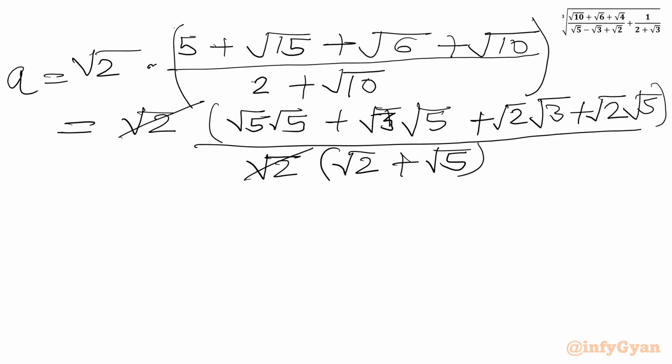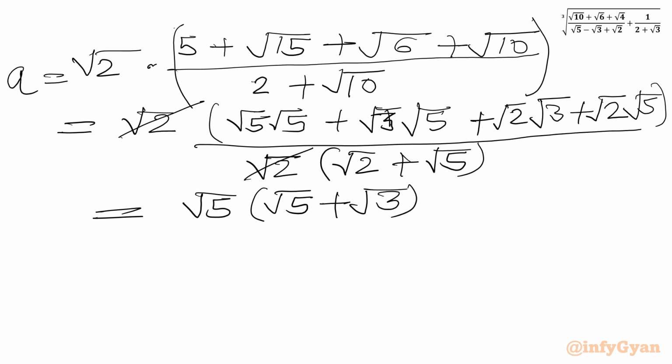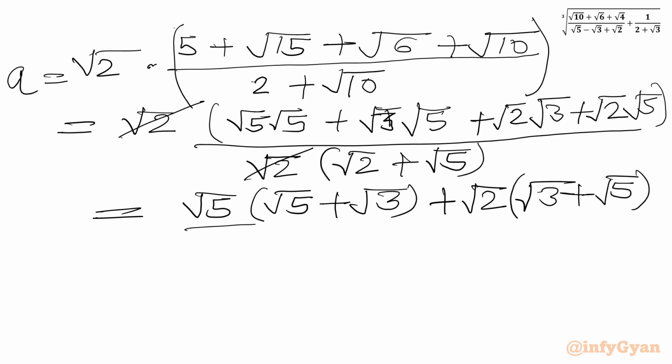Now I can take root 5 common from the first two terms in the numerator. So in the bracket it will be root 5 plus root 3. From the last two terms root 2 is common. We will get root 3 plus root 5 in the bracket. The denominator is root 2 plus root 5.